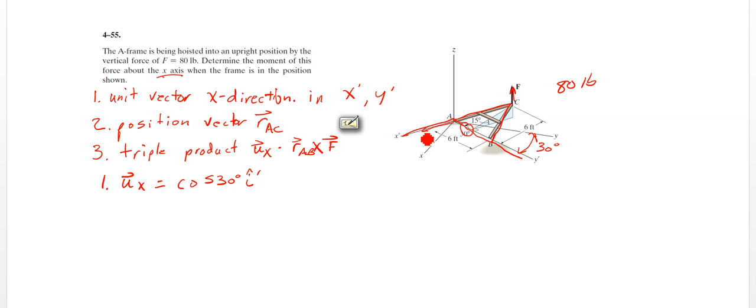Plus, we'll have the sine of 30 in the J prime component. So we'll come along this way some way, and then we'll come this way some way, and that will get us a unit vector in the x direction in terms of I prime and J prime. So that's maybe the unintuitive part. Hopefully that makes a little more sense.